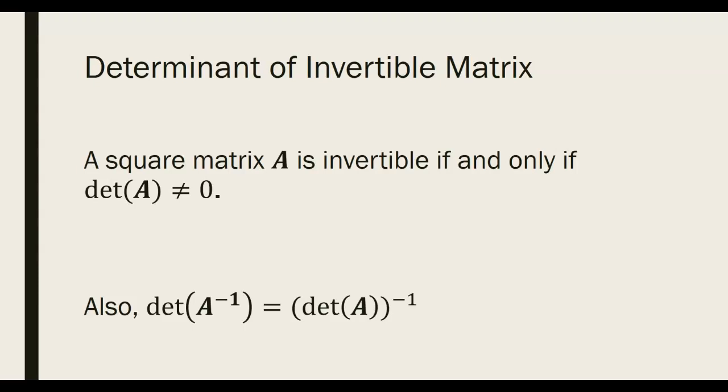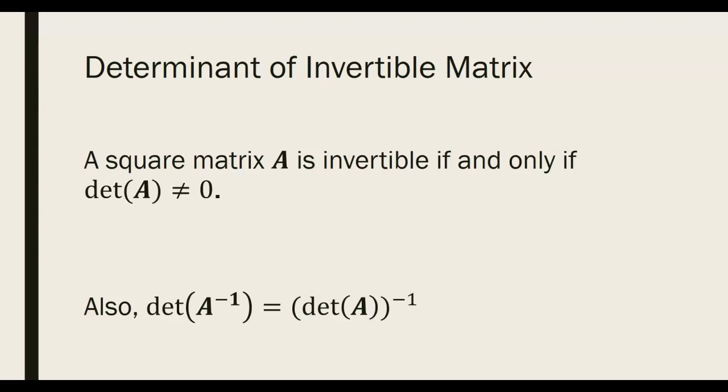And if the determinant of the matrix is not equal to 0, the matrix will be invertible. All right, so it kind of works both ways. If A is invertible, then the determinant is not 0. And if the determinant is not 0, then A is invertible. Now, you probably would have guessed this, but if A has a determinant of 6, then the determinant of A inverse is the inverse of 6. So that would be 1 over 6.